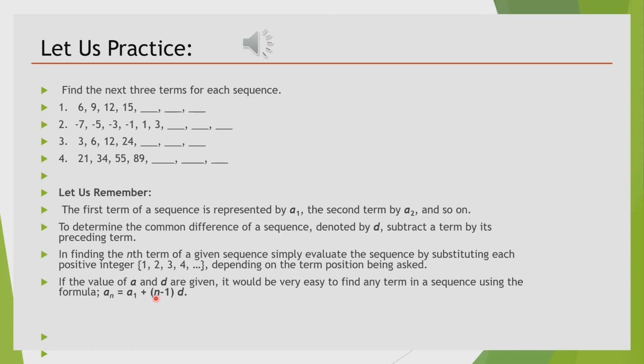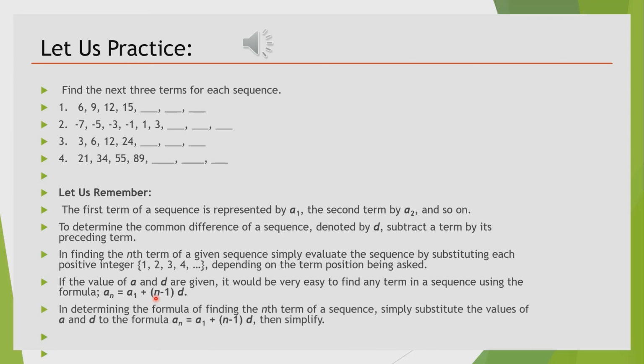Okay? So in determining the formula for finding the nth term of a sequence, simply substitute the given values of a sub 1 and d to the formula a sub n is equal to a sub 1 plus n minus 1 times d, and then simplify. Okay?